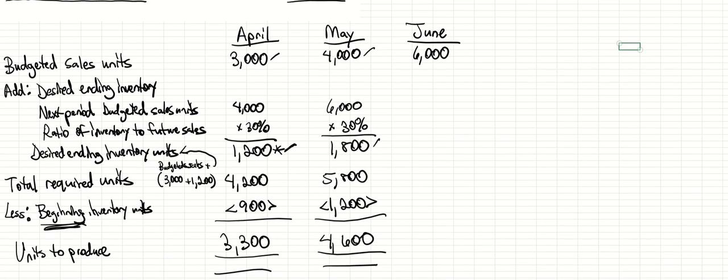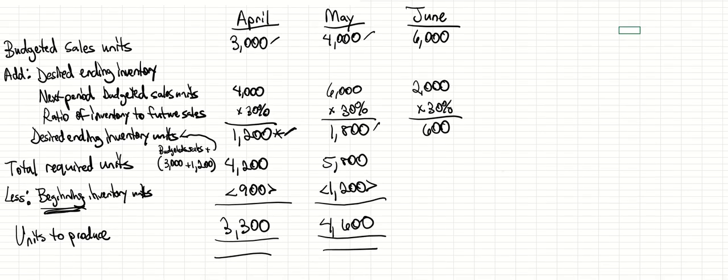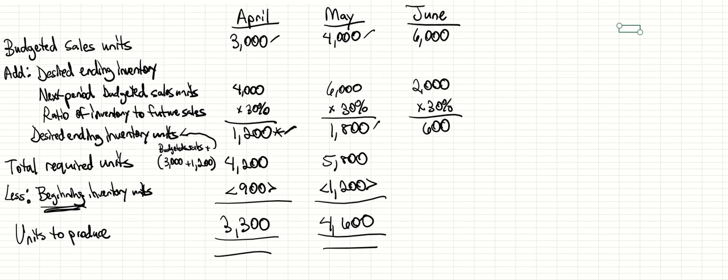So I'm just going to bring in 2,000 units from July. We're going to multiply it by 30%. It's going to give 600, which means that our total required units is going to be 6,000 from budgeted sales in units for June, plus the desired ending inventory in units of 600. That's going to come out to be 6,600.